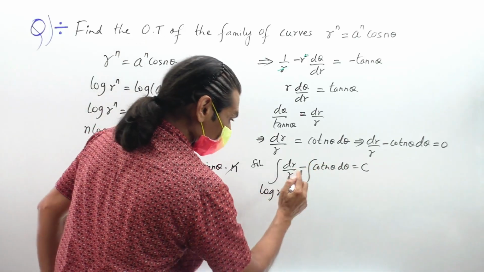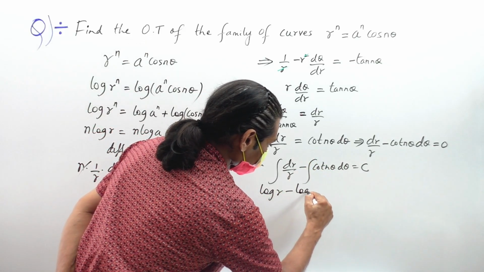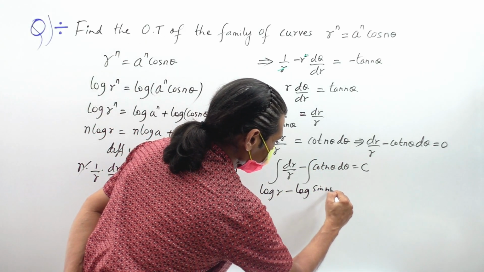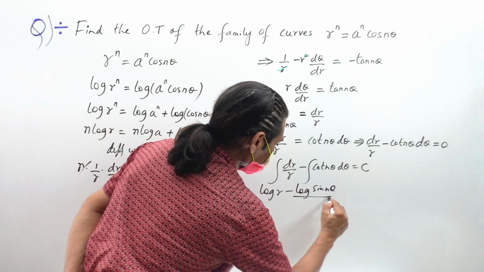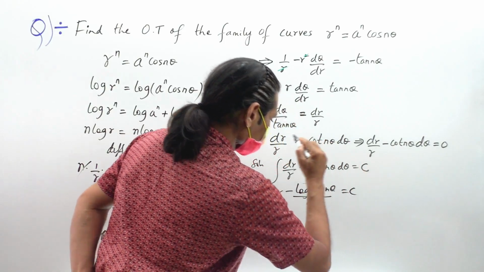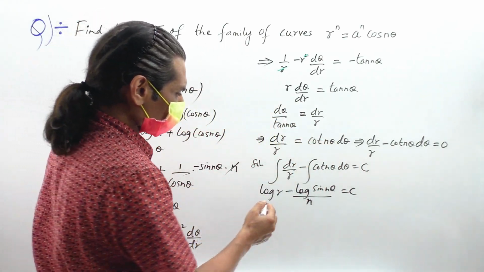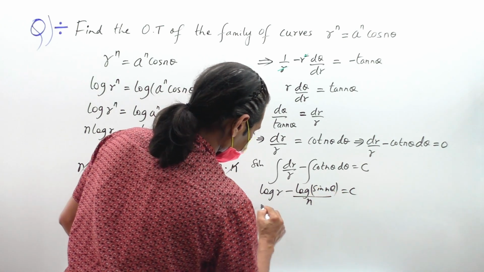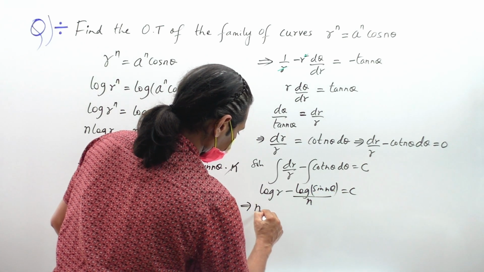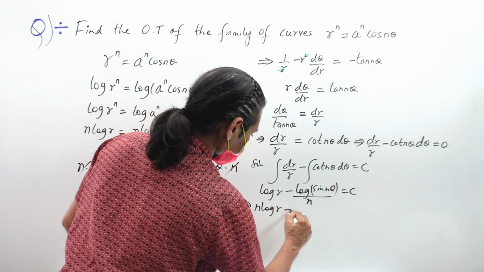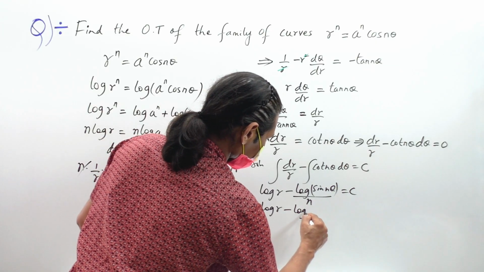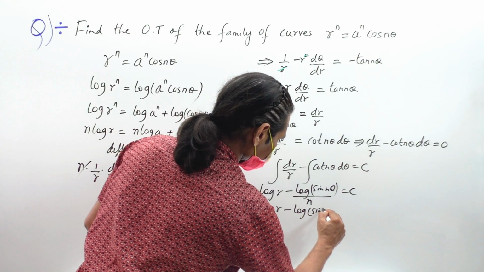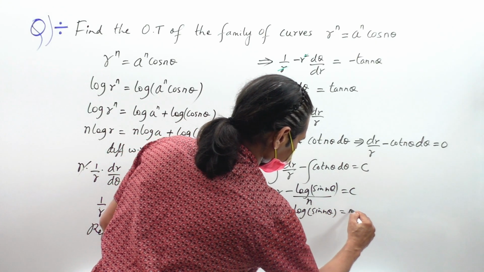Agreed? So again, integration of cot n theta is log of sin n theta whole divided by n, is equal to c. So better I take the LCM here. So we have n log r minus log of sin of n theta is equal to nc.